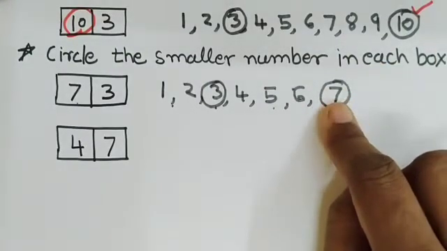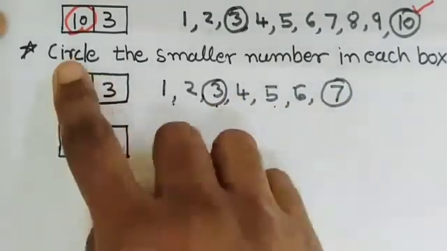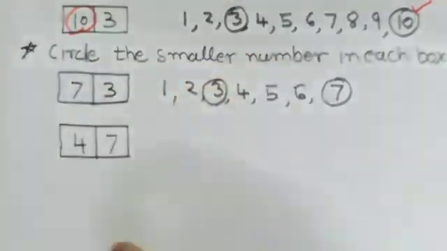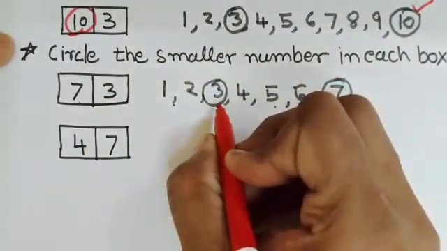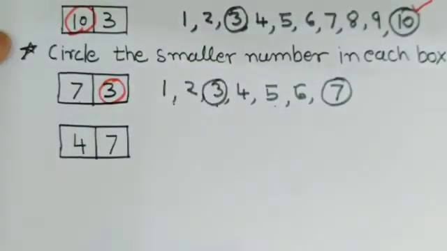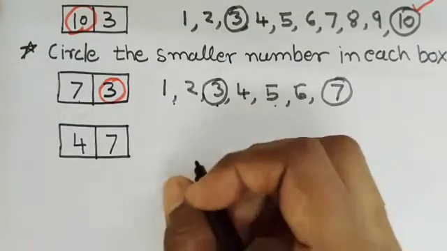So 7 is greater and 3 is smaller. Means what we have to do here children? Circle the smaller number. So we have to circle the smaller number. The number which comes before is the smaller number. Like that we will do the next one.